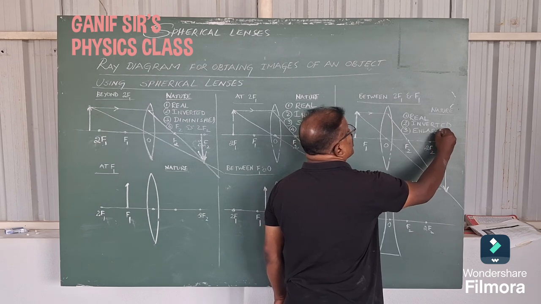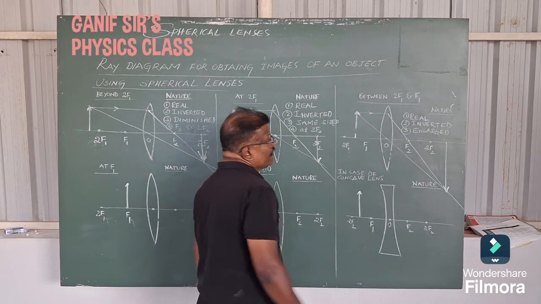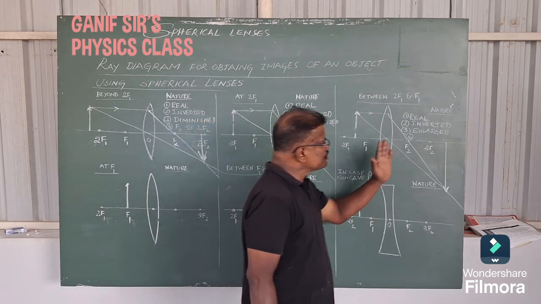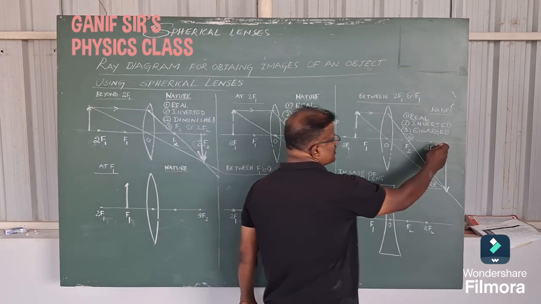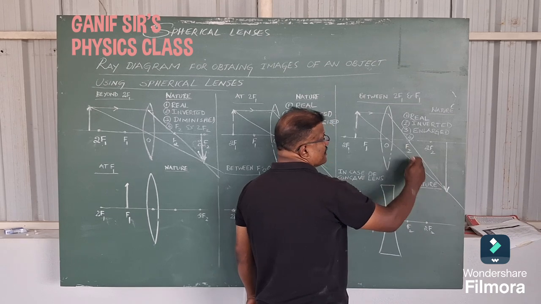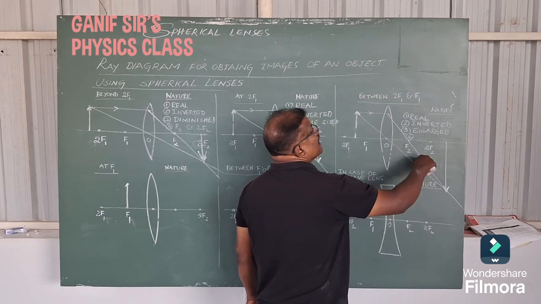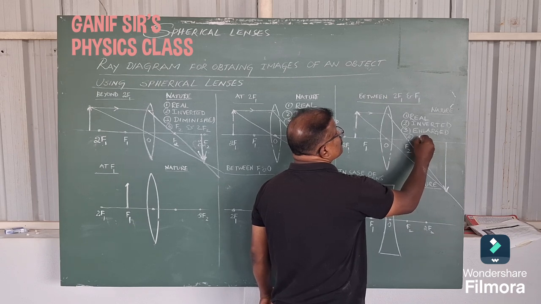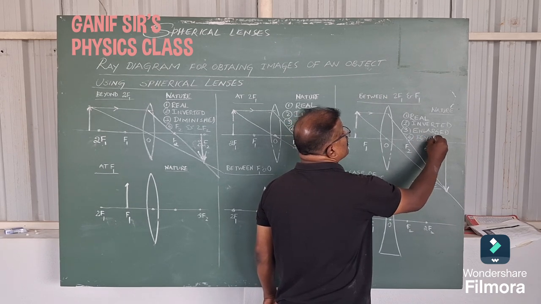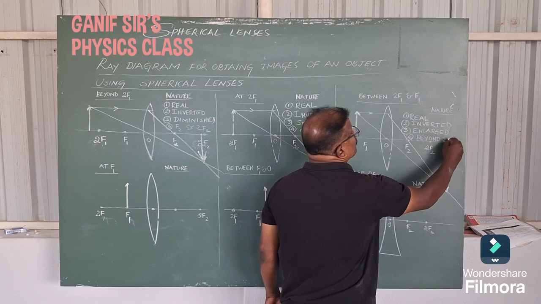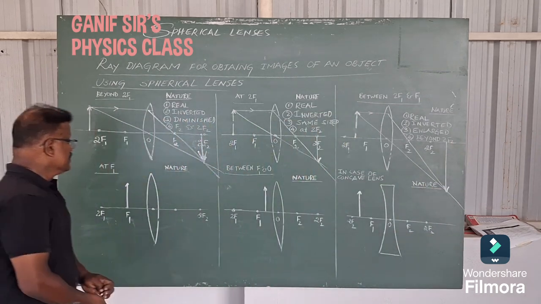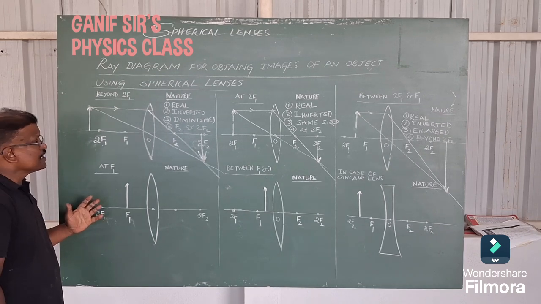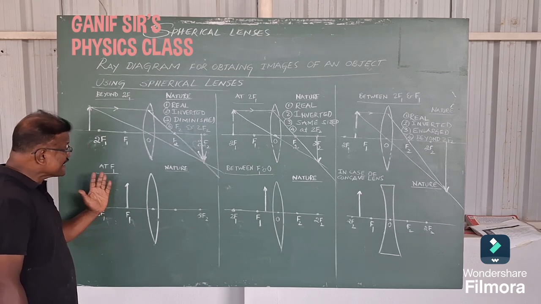And the fourth one is regarding the location or position of the image. The image is lying away from 2F2, so beyond 2F2.